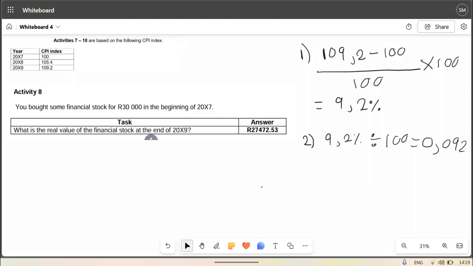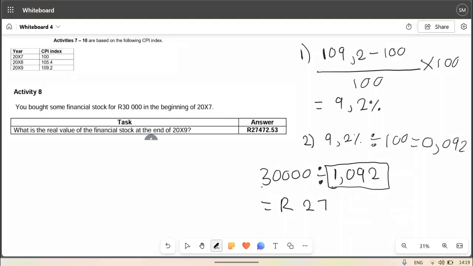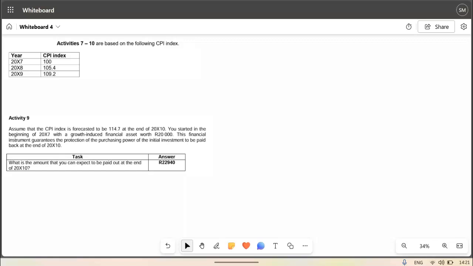So I'm going to take my 30,000, divide everything by 1.092. Never forget this one, guys. Remember the GDP deflator. We always add the 1. If we punch our calculator, we are supposed to get an answer of 27,472.53.